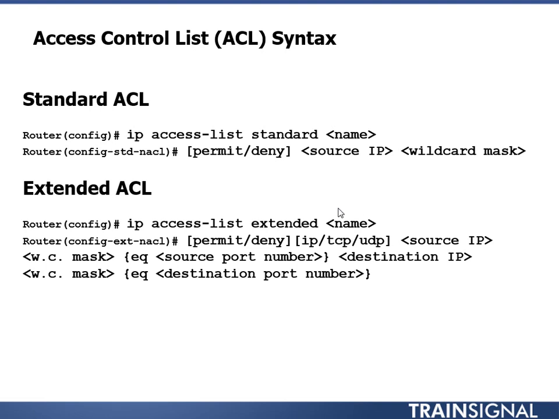We can specify a source IP address plus its wildcard mask. If we want to specify a source port number, we can do that by saying eq and then the source port number. We can then specify a destination IP address and its wildcard mask, as well as a destination port number. Now, these two lists that I've shown you here are for named access lists.